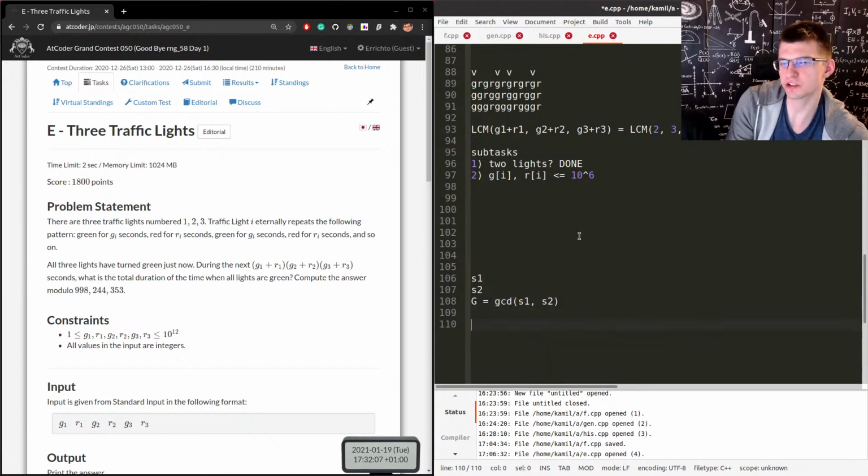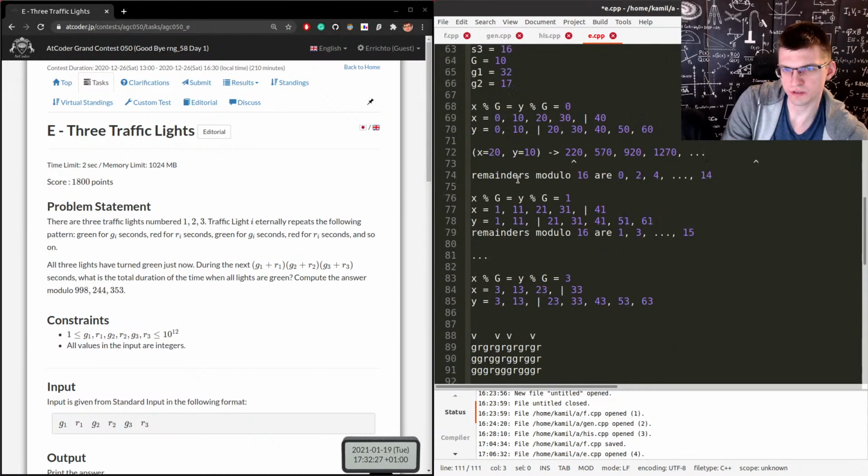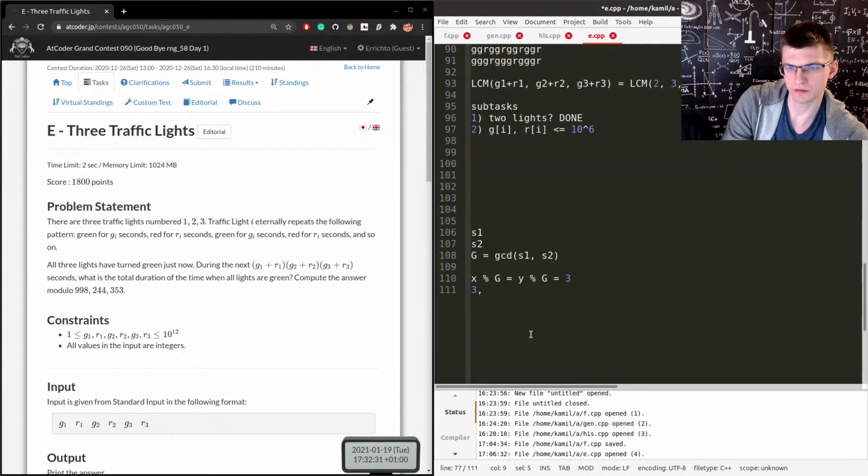We consider different remainders modulo G. And if we want this 3, then we'll have 3, then we increase by G: 3 plus G plus twice G, and so on.